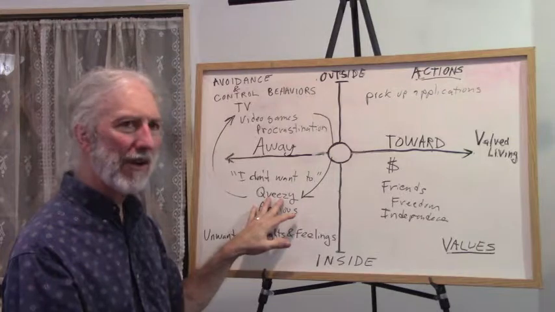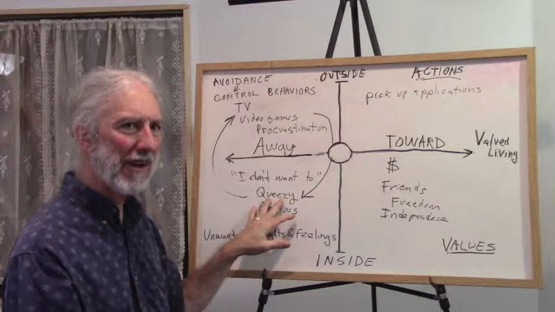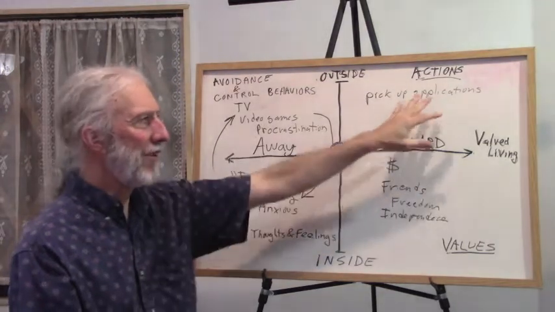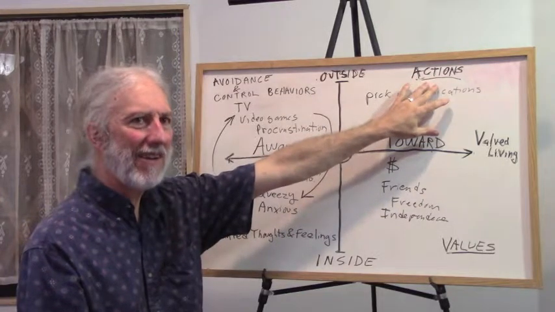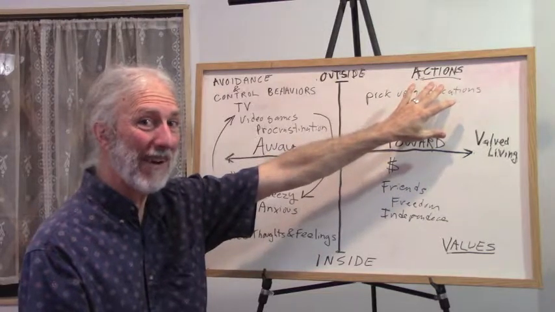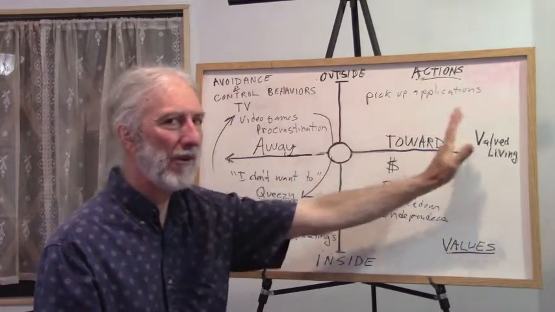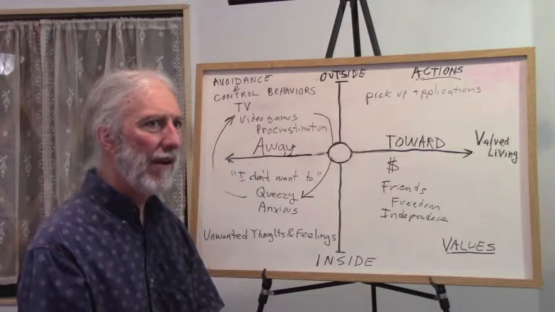To remember a time when that queasy feeling didn't have to go away in order to do the valued activity, and that there was a sense of satisfaction that went along with that. So we're building more into the toward direction here.